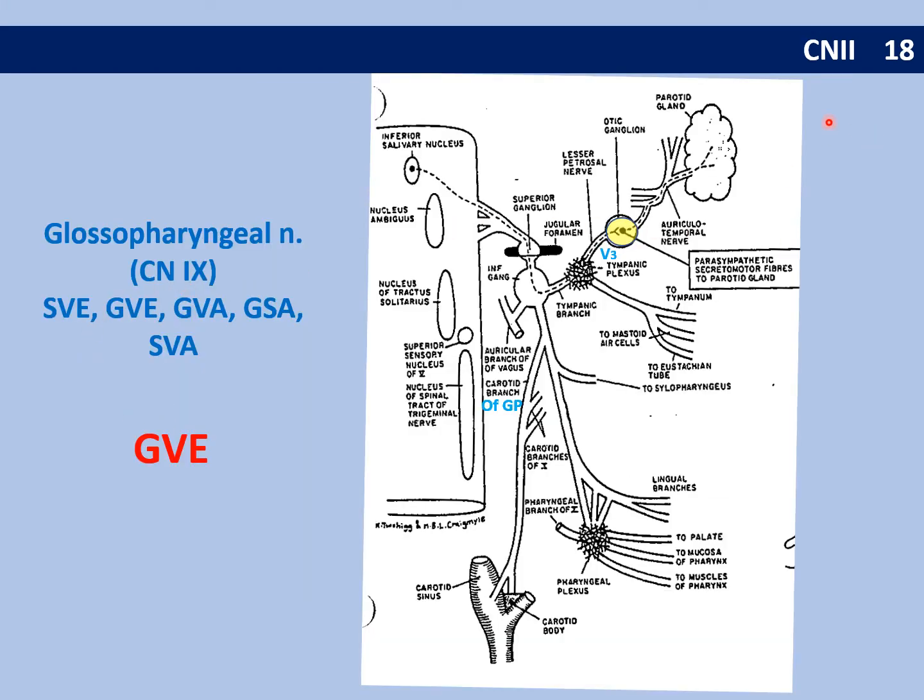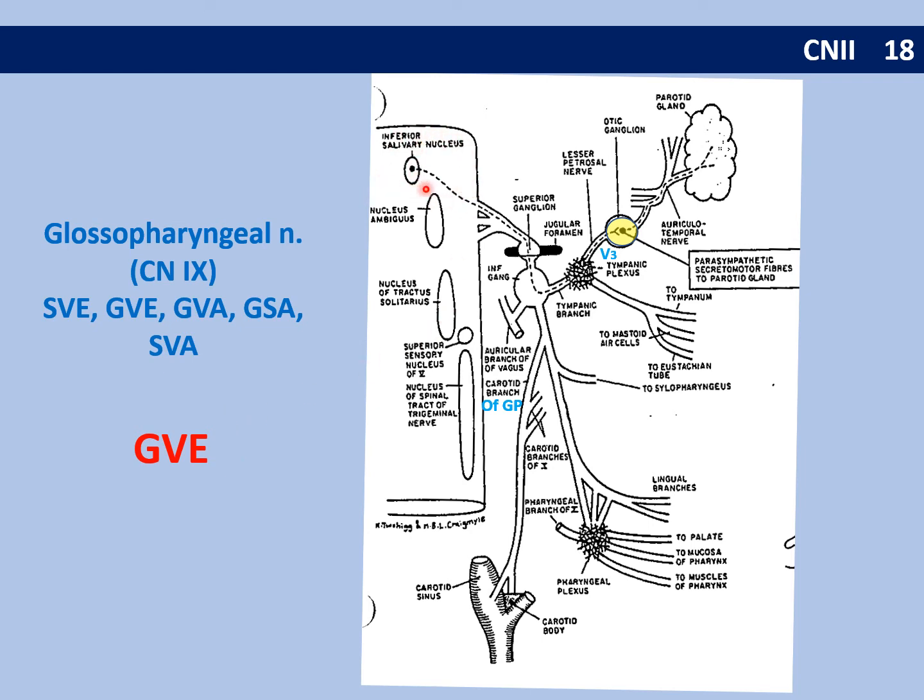So here is one of those cranial nerve charts. Remember, these blue backgrounds are just to give you a little bit more context, although I'll talk more about these different fiber types in the cranial nerves video that will come next. So in this image, I'm only showing you these GVE fibers.